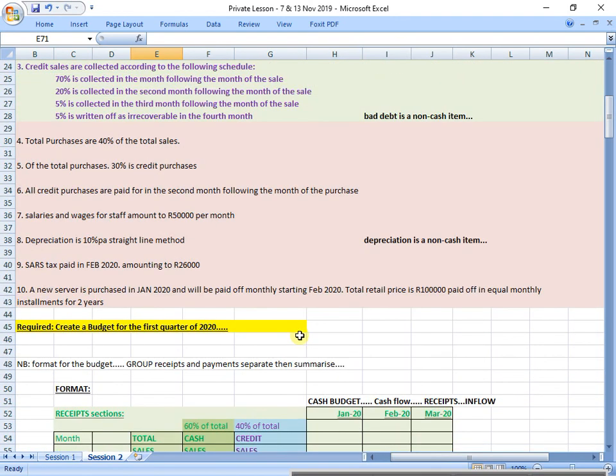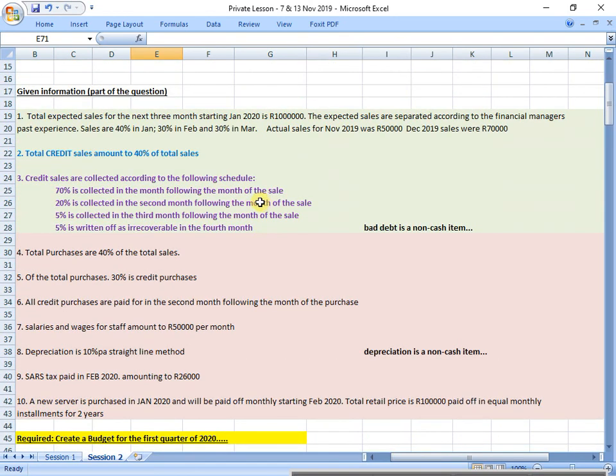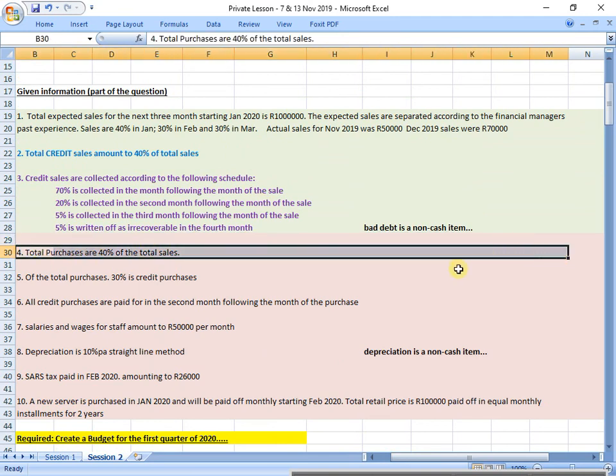Let's go to the question. Let's read it. Okay, what are the total purchases going to be? 40% of what? Of the total sales. Correct. Okay, so whatever you sell, 40% of it is the purchases. Okay, purchases are 40% of the total sales.